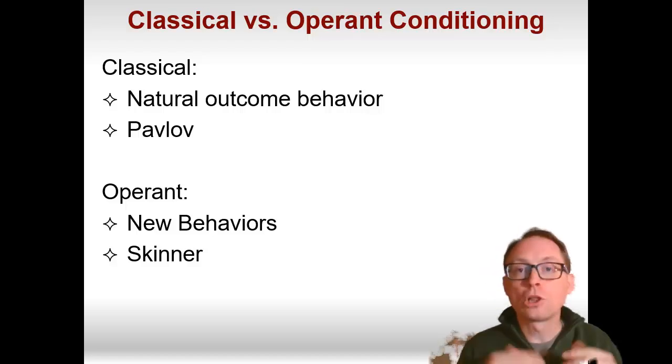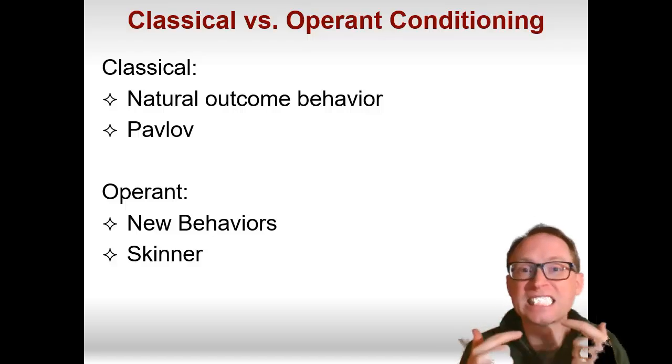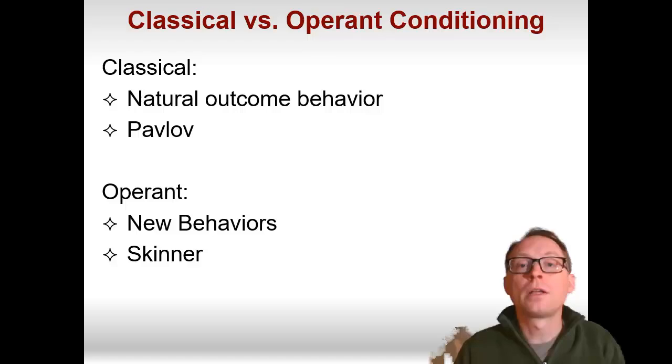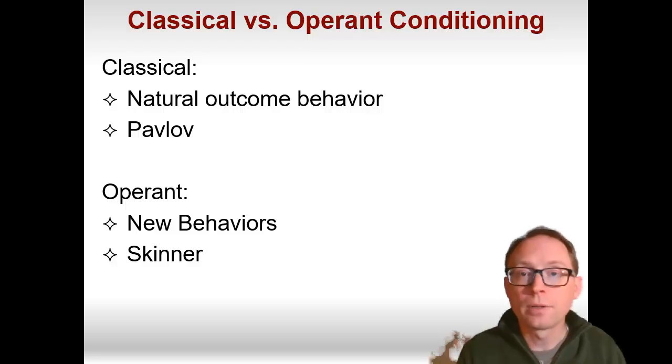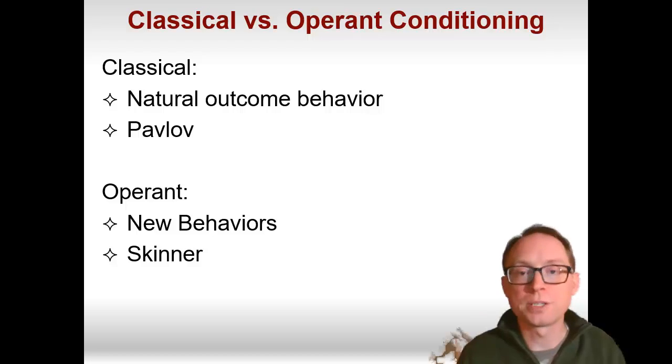No. The learning is now they get that behavior, chewing, when they hear ding dong, they hear a doorbell ring. That's classical conditioning. In classical conditioning, the behavior, chewing, is something that happens naturally, instinctually. It's just now happening for an unnatural reason.